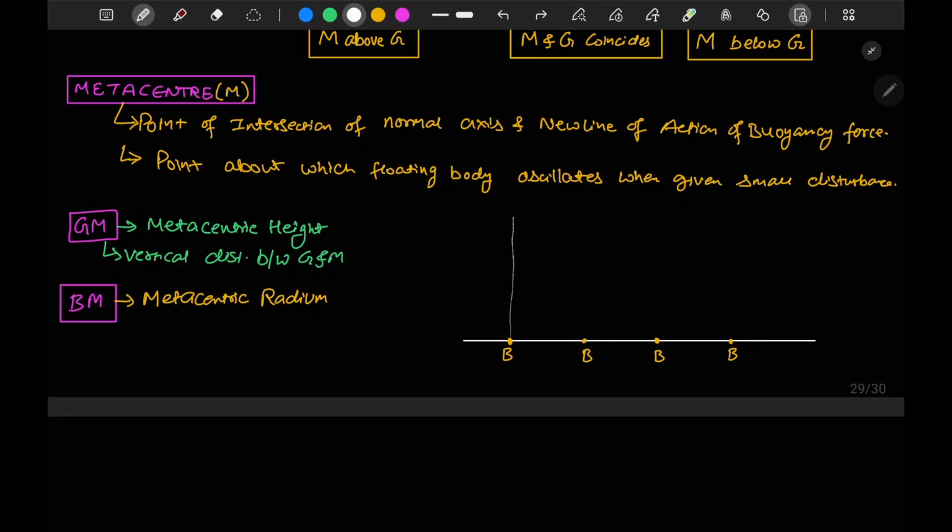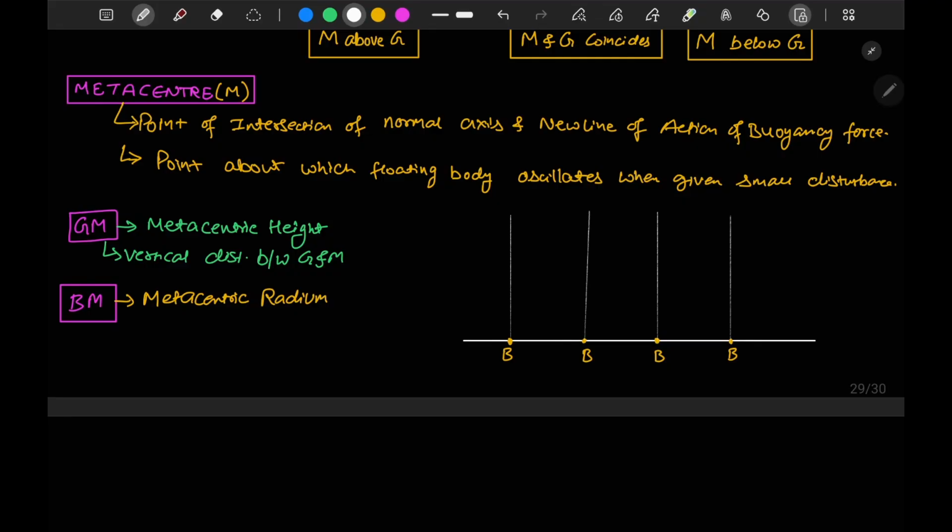Let's say this is your line of action of buoyant force, the line of action of buoyant force for each case.